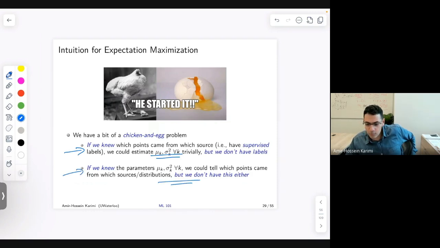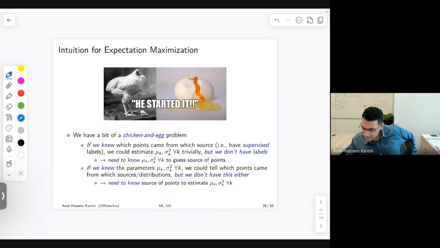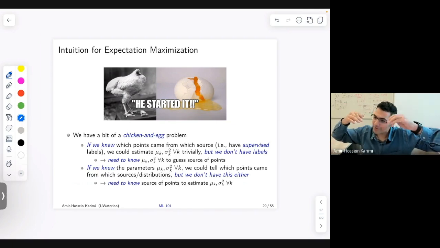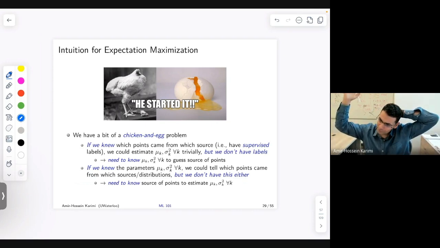But we have to start somewhere, right? We need to know the parameters to guess the sources and need the sources to estimate the parameters. So what do we do? We have to start somewhere. What did we do in k-means? We randomly initialized our centroids and just started our iterative process from there.